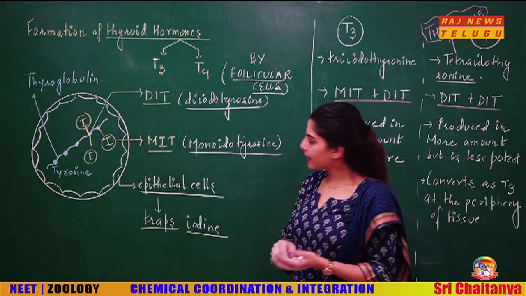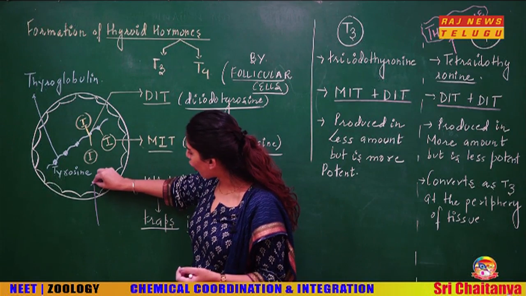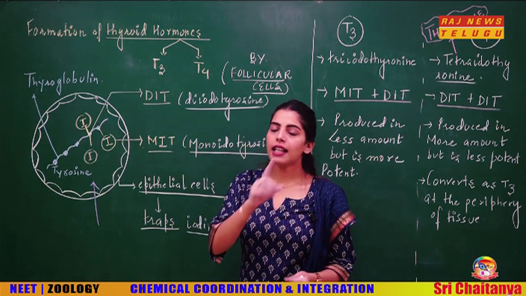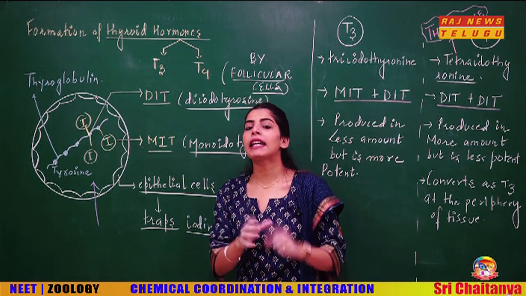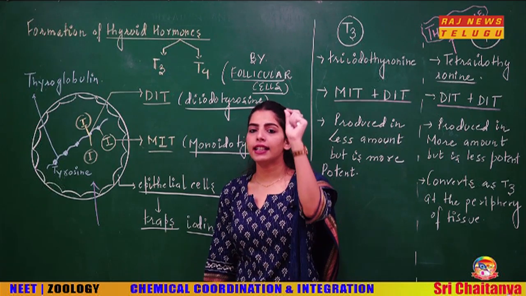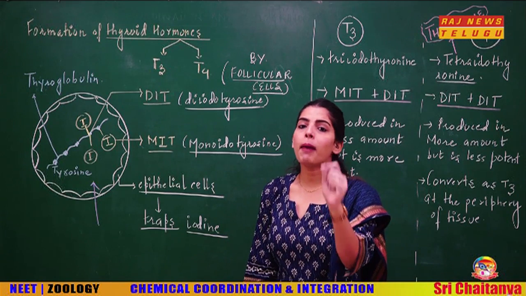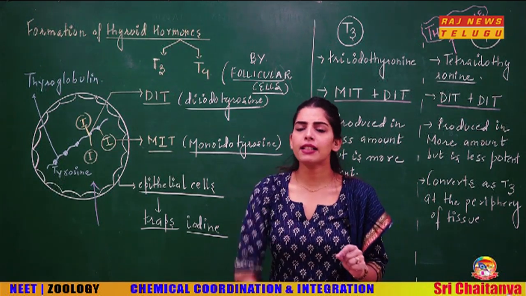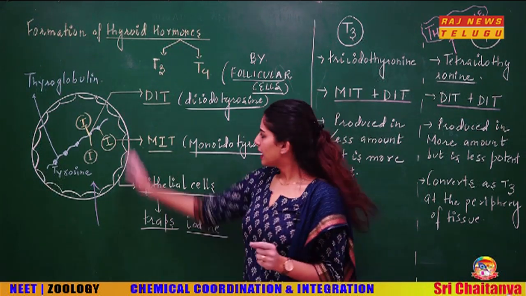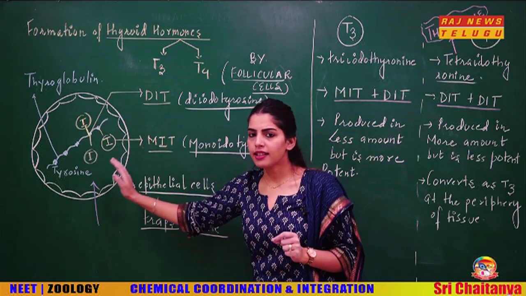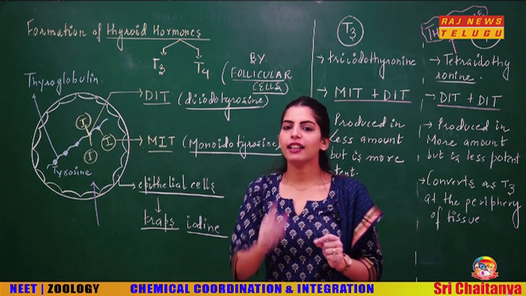Once this iodine is trapped in the form of iodide, it is going to combine with the amino acid tyrosine. But where is this tyrosine coming from? This entire space, students, we discussed is called the colloid.